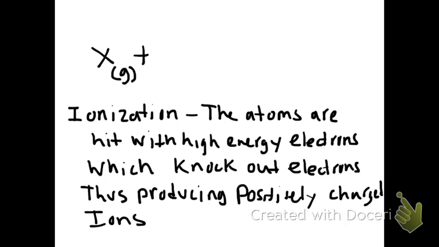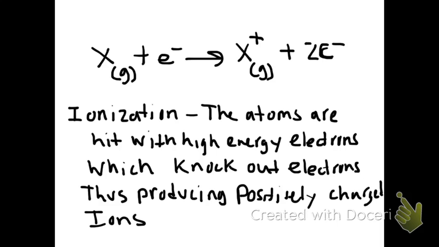And we're going to take a high energy electron and crash it into that atom, and it's going to cause the other electrons, the valence electrons, to be ejected, forming a positively charged ion, which is also still in the gas state, plus you're going to get the 2 electrons out of here.